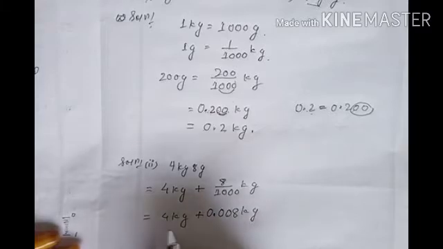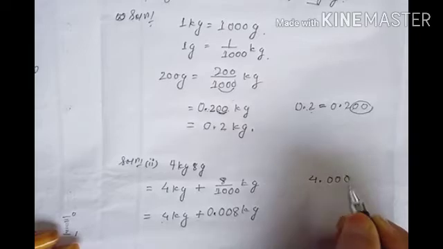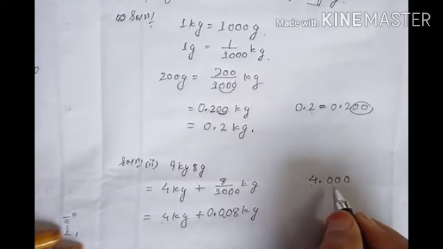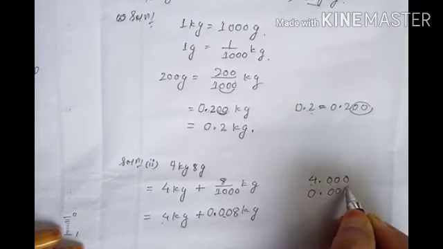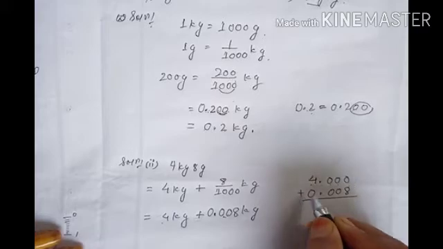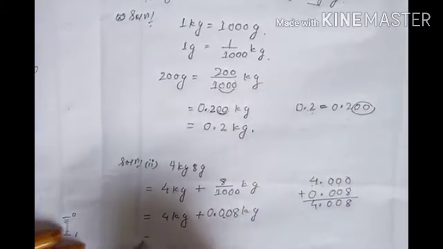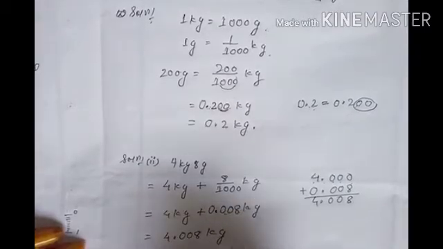So 4 you will make a decimal number, 4.000, because after the decimal how many digits, 3 digits, isn't it? So you will write 4.000, and you will add this with 0.008. Now when you add this, you will get 8 and 4. So how much did we get, 4.008 kg. So this is your answer.